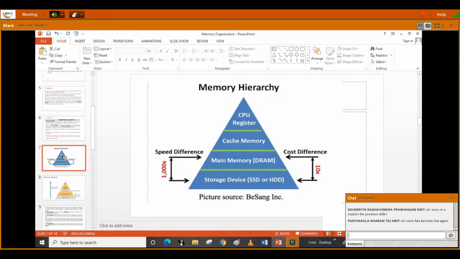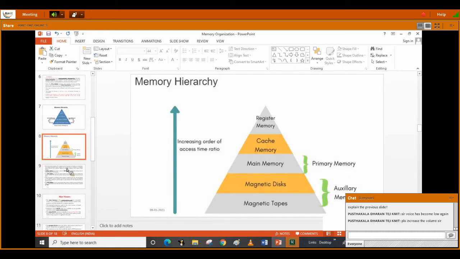For example, take the memory hierarchy. The devices such as SSD or HDD, the speed goes from low, that is the magnetic tape and magnetic disk. After the magnetic tape and magnetic disk is the main memory. Here the magnetic tape and magnetic disk are the auxiliary memory.